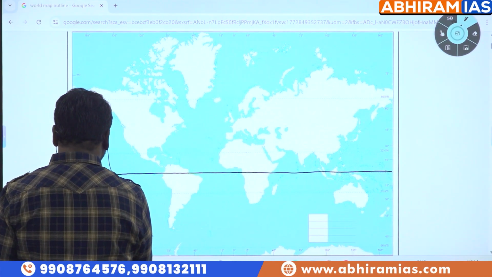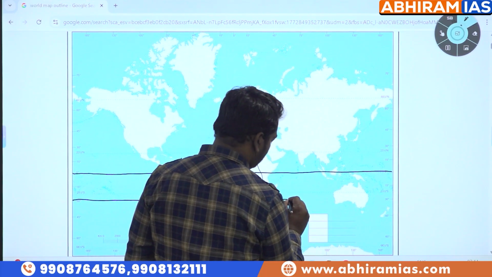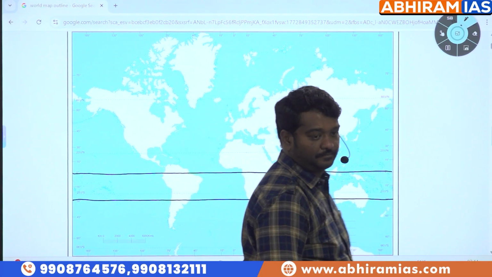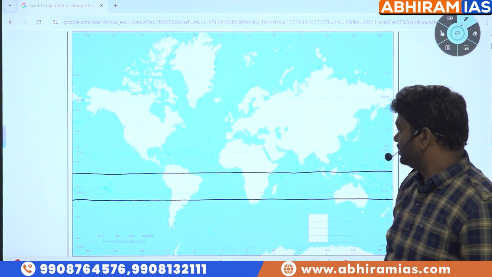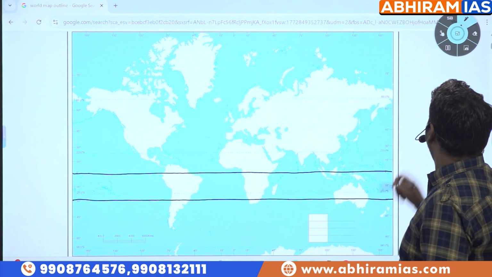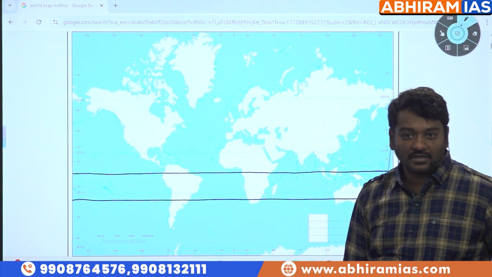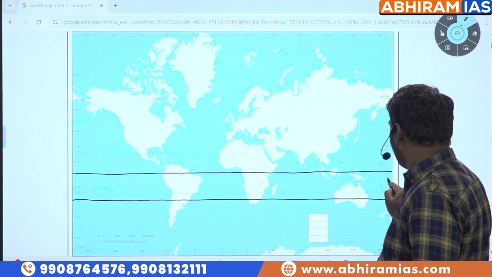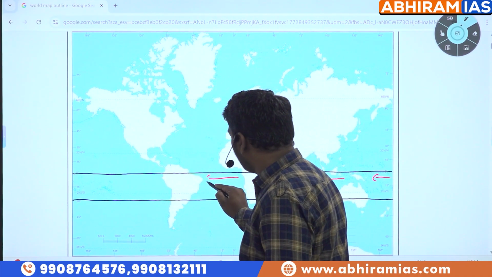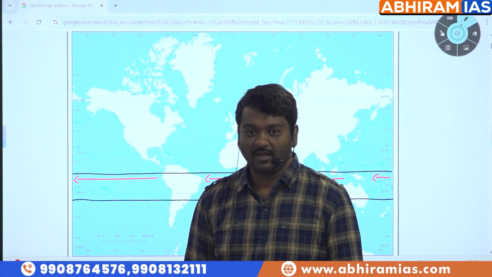Zero to 30. Okay guys, 0 to 30. So when you have 0 to 30, can you recollect which winds we are talking about? Southeast trade winds. Under the influence of southeast trade winds, the water will start flowing from east to west.